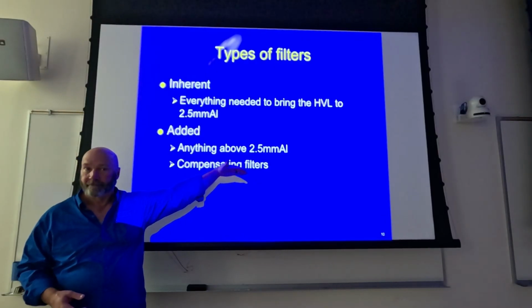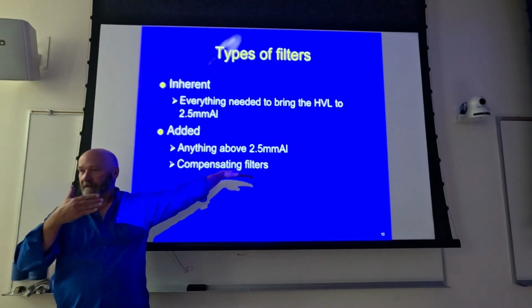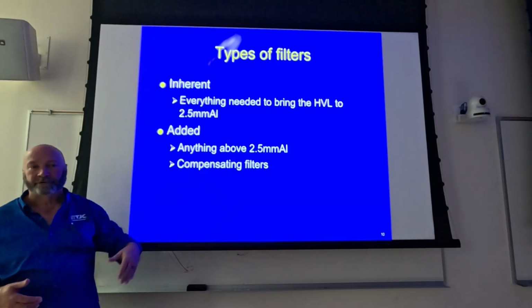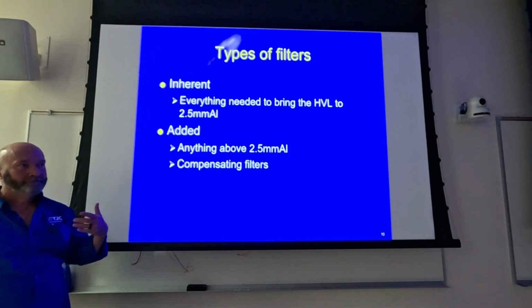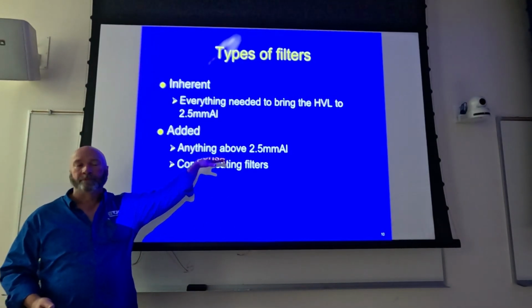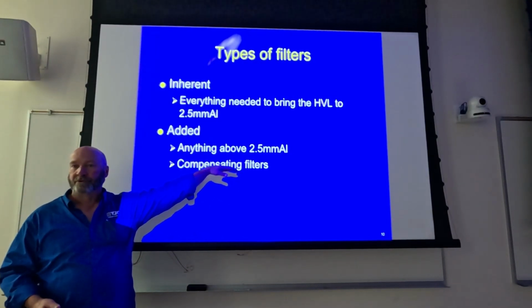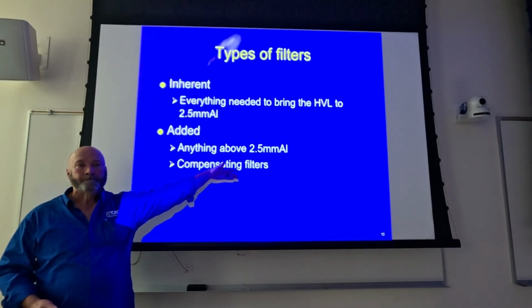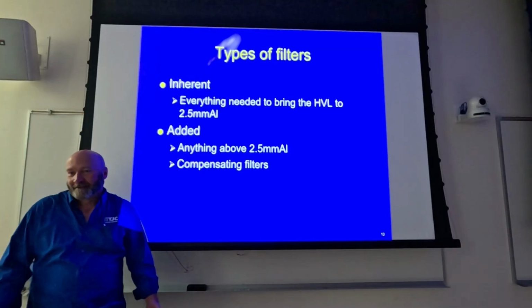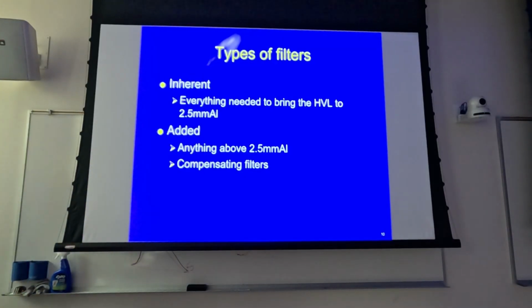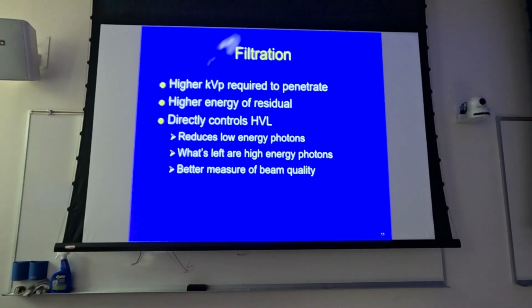Okay, it's still inherent filtration because you can't go in and clean it out. And you may want to make the mental gymnastics of, well, why don't we just remove some of the other inherent filtration to bring it back down to 2.5? And the answer is, because we don't. That's all there is to it, we just don't. So 2.5 millimeters of aluminum, brand new tube, it will increase with time because of tanning.